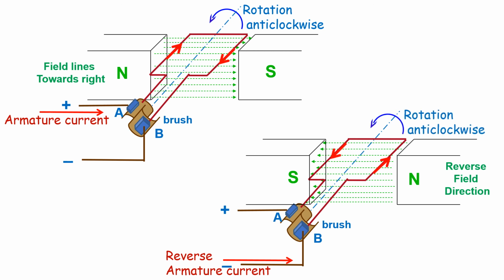For this case, the rotation is again anti-clockwise only. That means the direction has not reversed. So when you change the field direction and also the armature current direction, the rotation will be same as before.